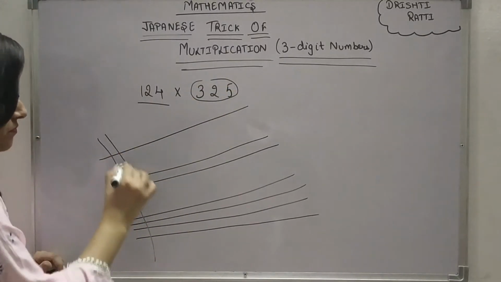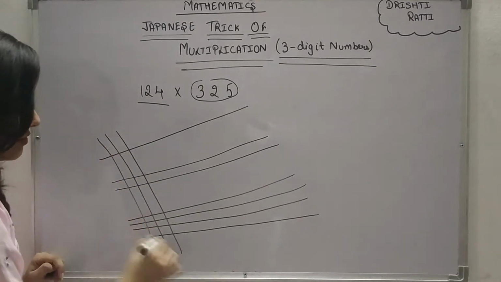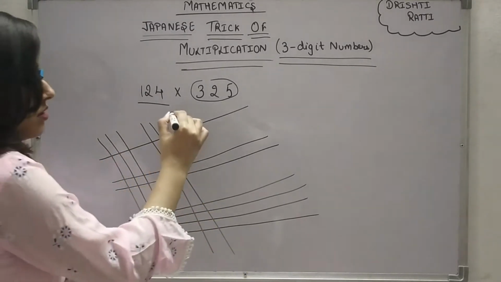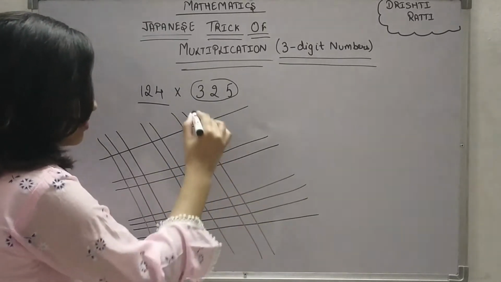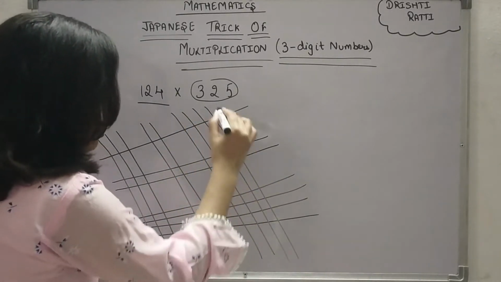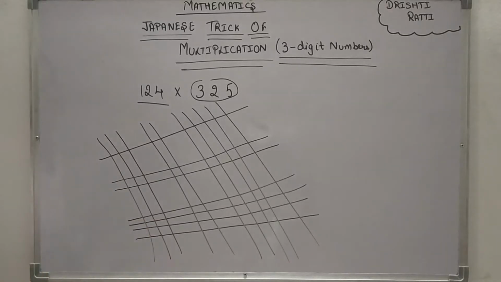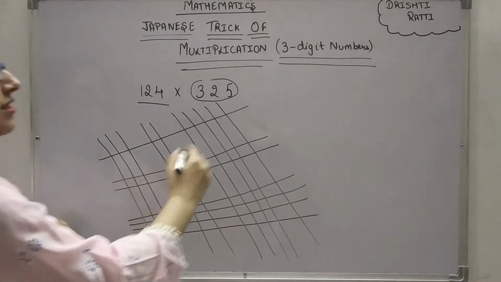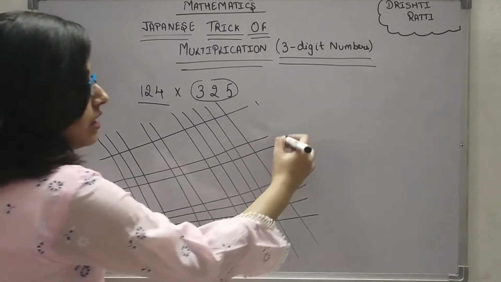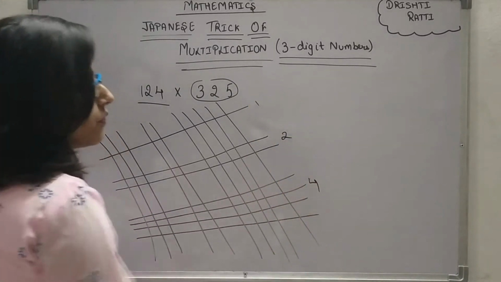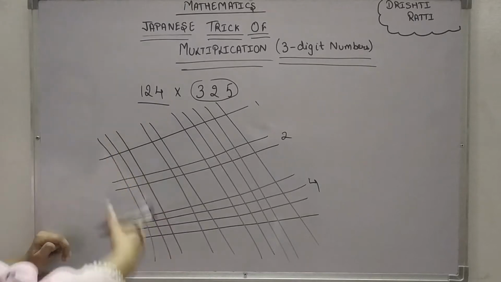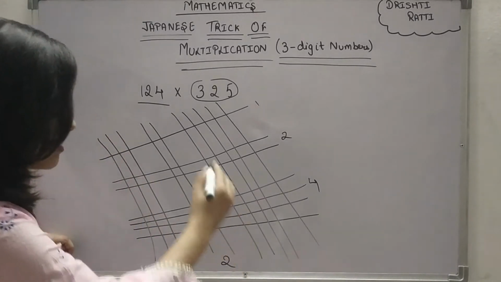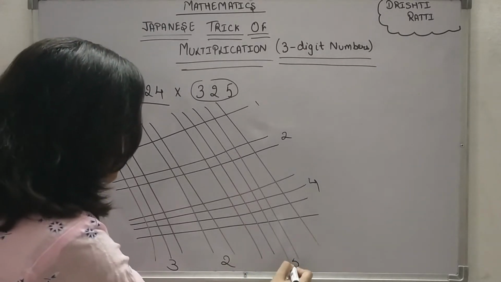So 1, 2 and 3 over here, then 1 and 2 over here, then 1, 2, 3, 4 and 5 like this. So in front of all the number of lines, we can write that also: it's 1 line, then 2 lines over here, then 4 lines over here. Then for this, we can also write 3 lines over here, 2 lines over here and 5 lines over here.